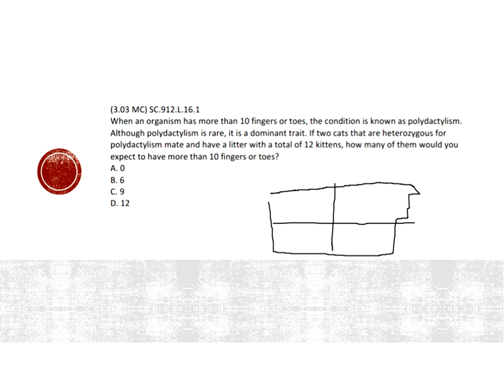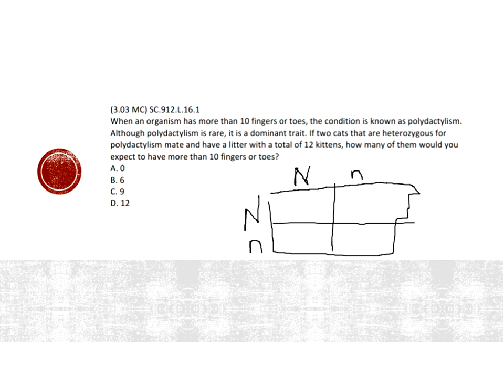So here's our Punnett square. I'm going to use N's again because P's are hard to tell the difference between the uppercase and the lowercase. So we know that the capital is the one having the polydactylism. We know that both parents are heterozygous, so that means they have the polydactylism but are hiding the normal.